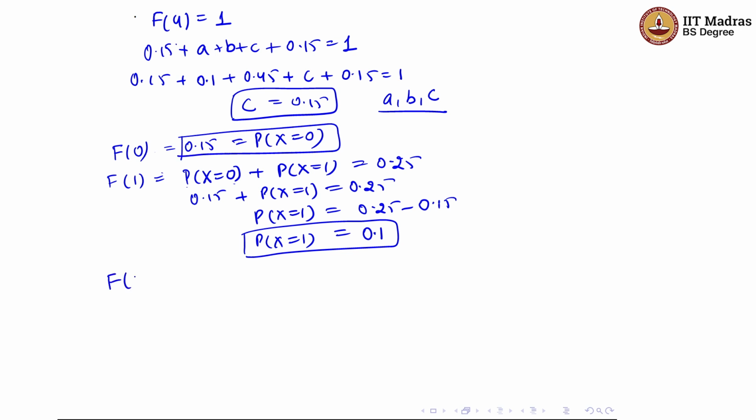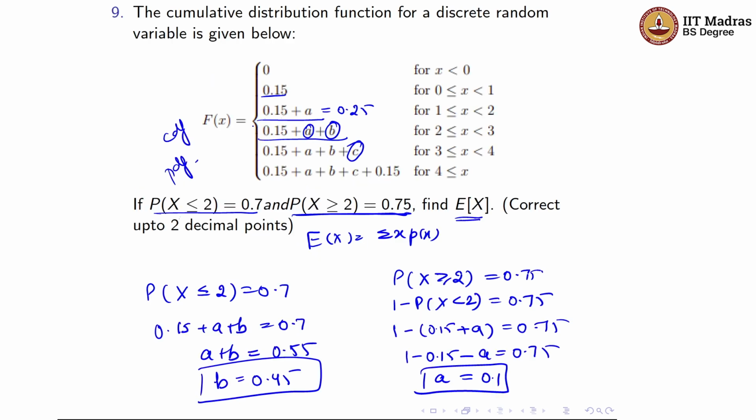Similarly, let's find the probability for x equals 2. F2 is the probability of x equals 0 plus the probability of x equals 1 plus the probability of x equals 2, and this whole is equal to 0.7.